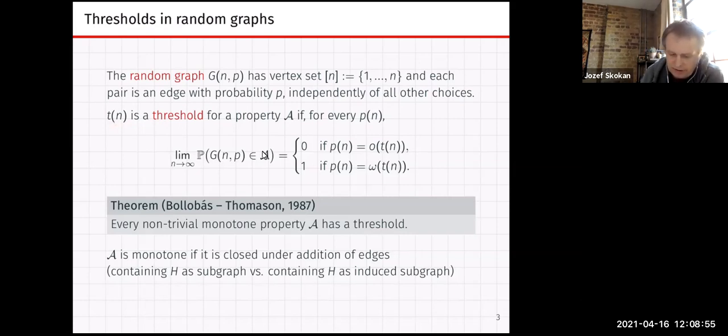We look at the probability that G(n,p) has this property A, and when we take the limit as n goes to infinity, this will be either 0 or 1. It will be 0 if the probability p is much smaller than the threshold, and it will be 1 if p grows much faster than T(n). So it's little o and omega. I hope I don't have to define what this means exactly.